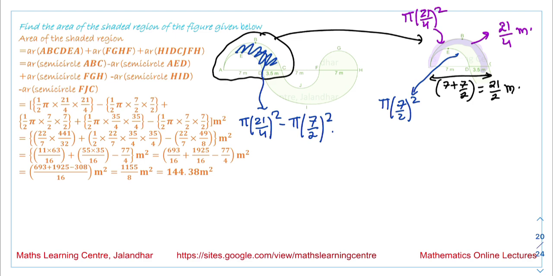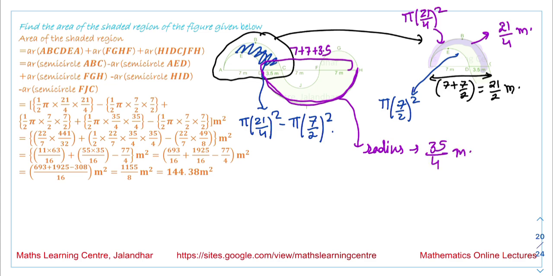Next we are talking about the second region. This is a semicircle over here. The total length we have over here is 7 plus 7 plus 3.5. So the radius of this semicircle comes out to be 35 by 4 meters.